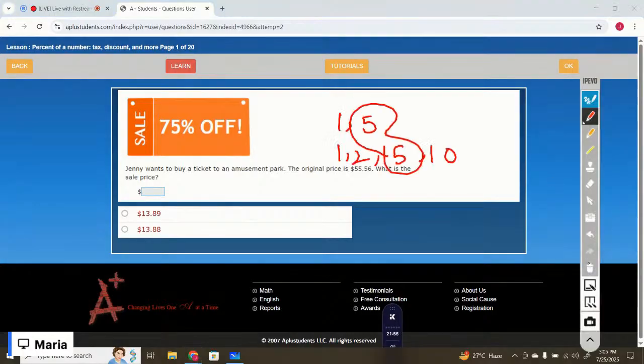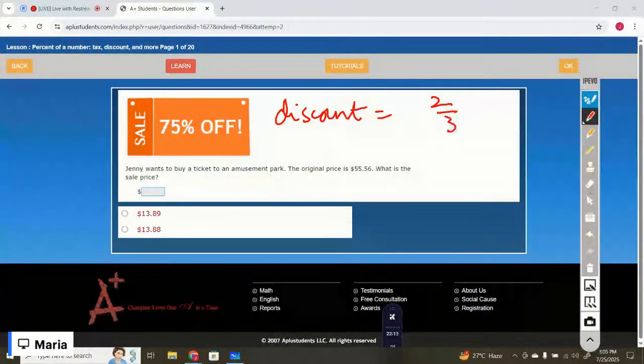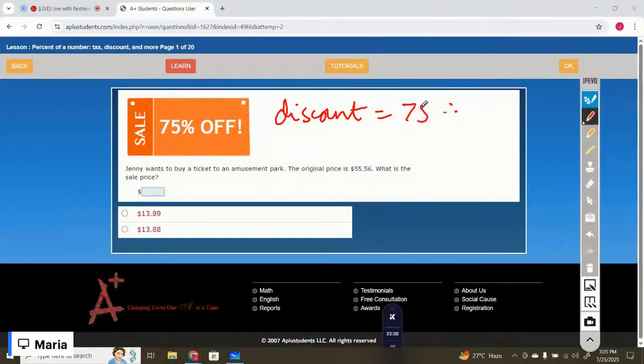First thing you need to calculate is the discount. You have to do that, which is 75% of 55.56.